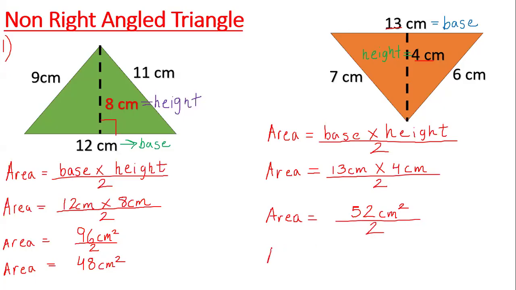So the area, therefore, is going to be equal to 52 divided by 2. What is that? 26 centimeters squared. Very good, 26 centimeters squared.